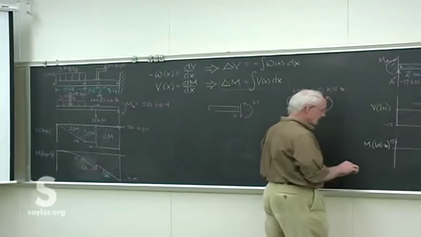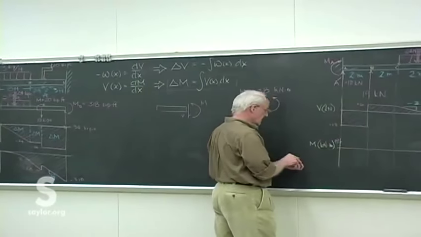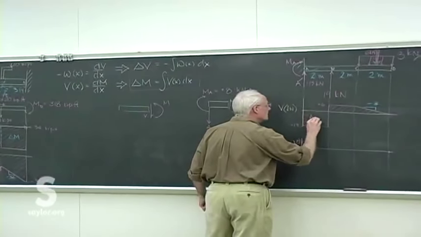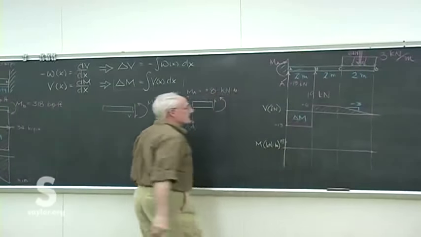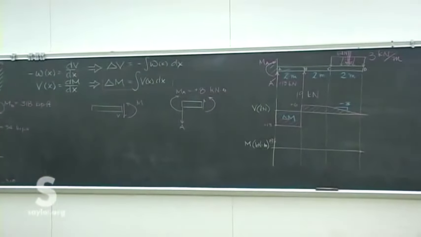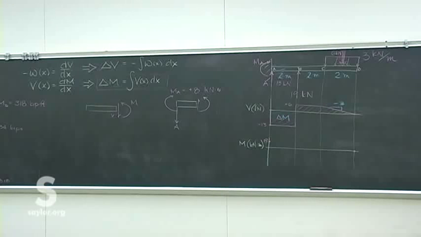So if you know it starts at +8, you know what it does from there. Goes down from there, straight line because of the constant negative shear. And we'll finish at a distance delta M below 8. Which is what? 13 times 2, 26. So it finishes at -18, is that right? Yeah.